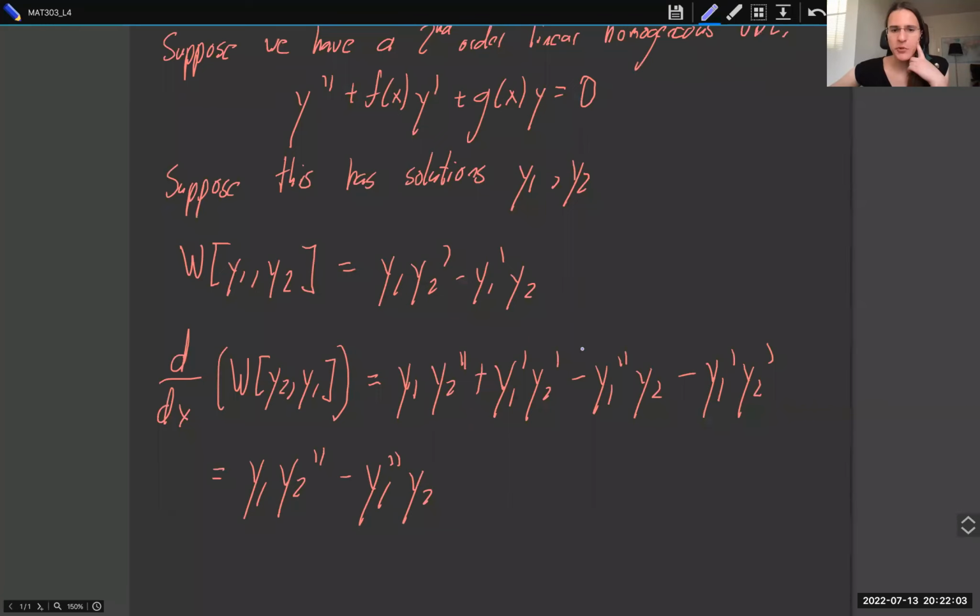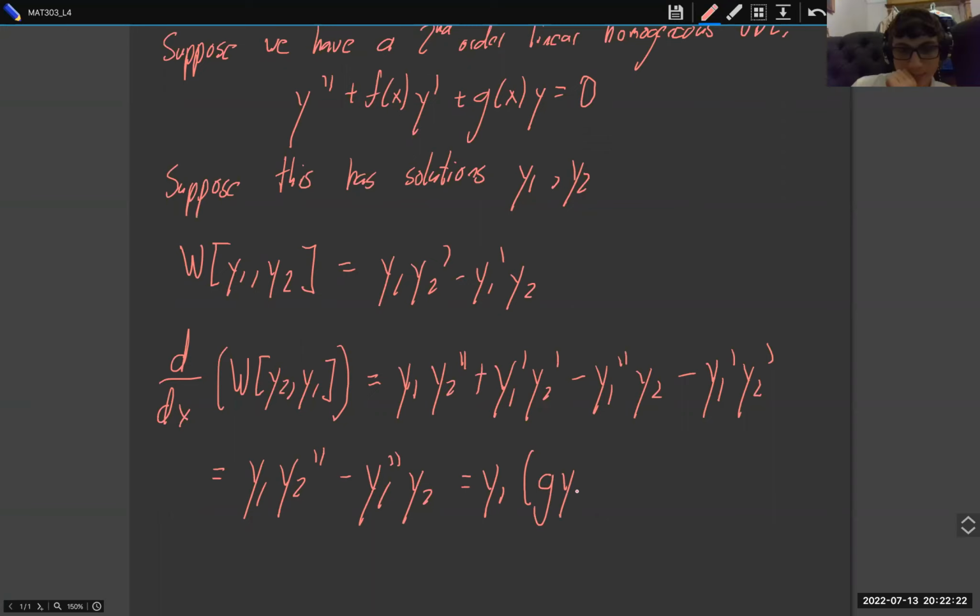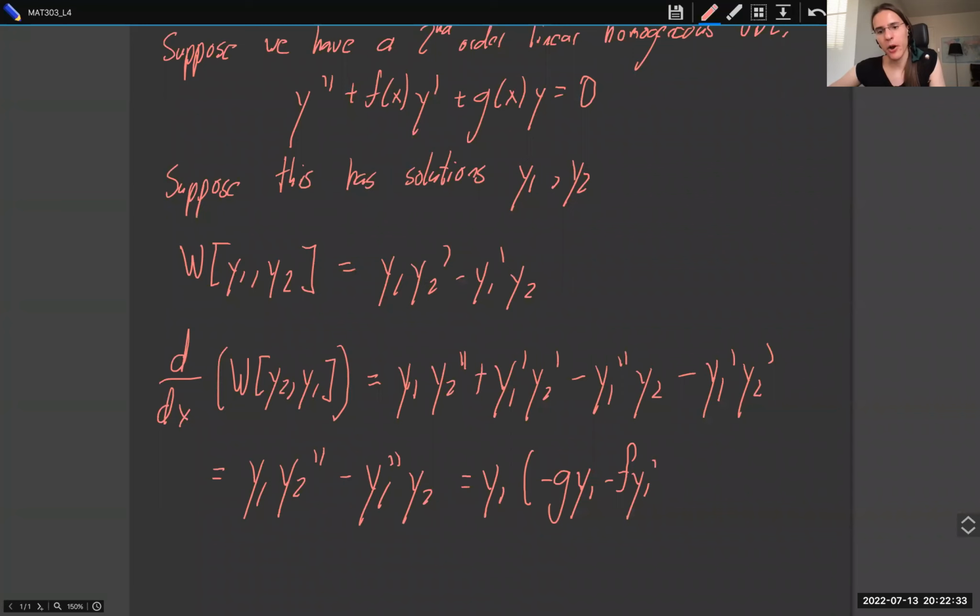Yes, so in particular, y2 double prime can be rewritten in terms of its lower derivatives as well: minus g of x, y, minus f of x, y prime. Sure, you can switch the order. That's fine. So it's going to be minus g y1 minus f y1 prime, right?